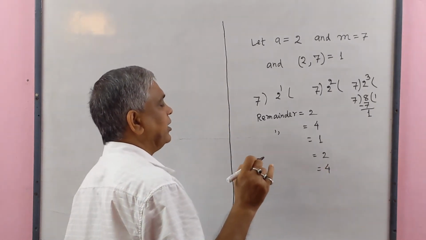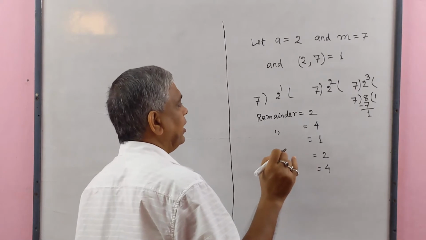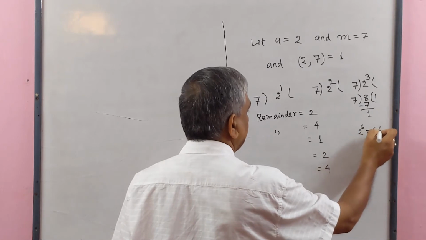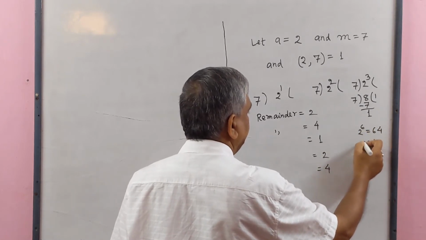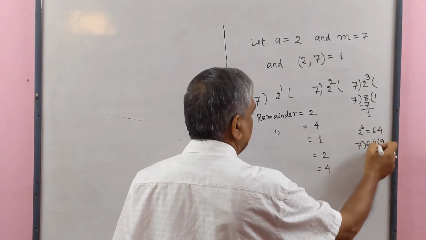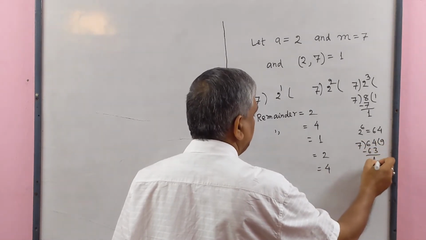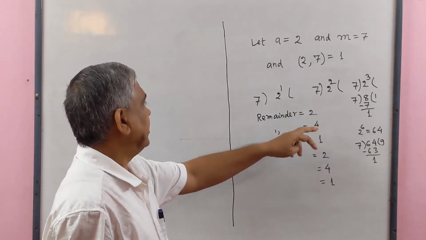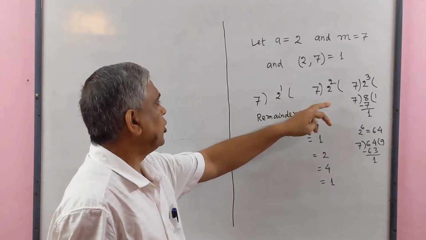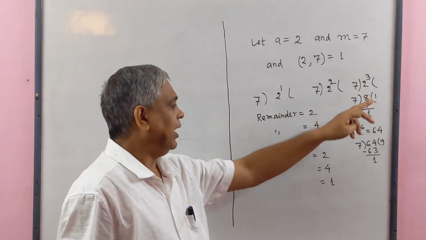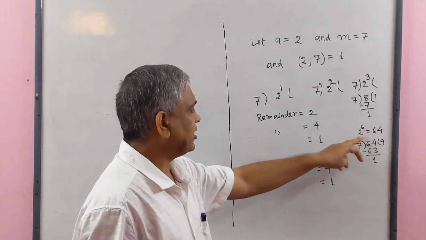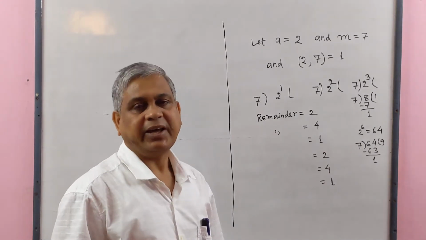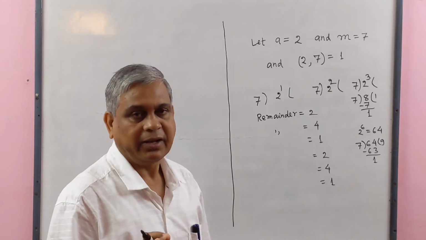If we divide 2 to the power 6, which is 64, by 7, it gives remainder 1. So, for 2 to the power 3 and 2 to the power 6, we get remainder 1 when these numbers are divided by 7.